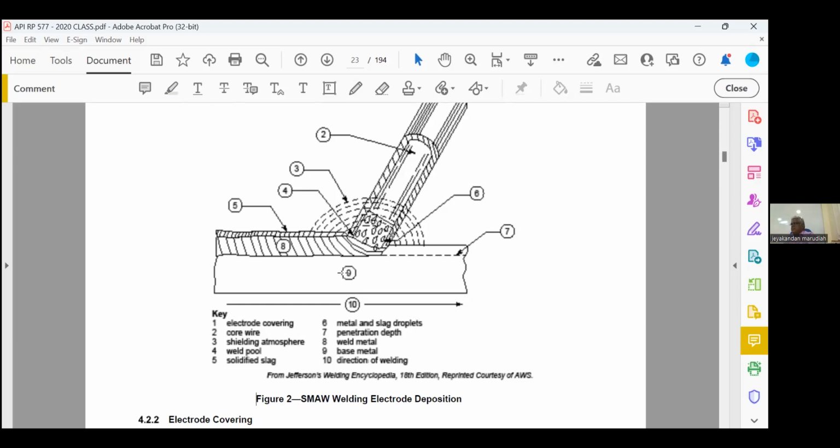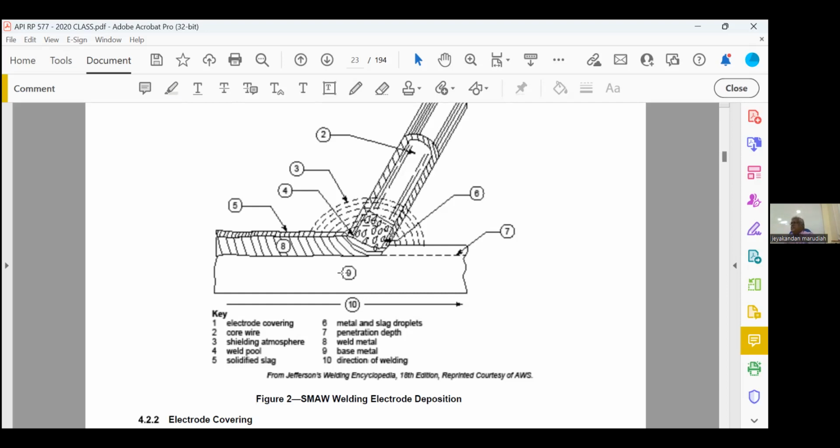Consumables are easily available. These are the advantages. What are the limitations? It is not continuous welding. Every time you have to change the electrode and remove the slag in between. And the deposition rate is more than GTAW, that's all. It is not a high deposition rate. So the lowest deposition rate is GTAW, next is SMAW.